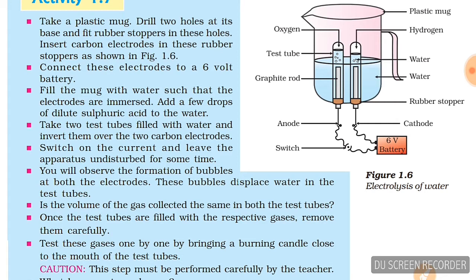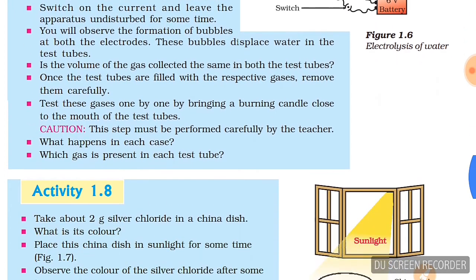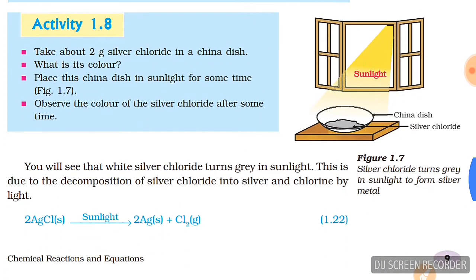So that is why the bubble formation in one test tube is just double to that of the other test tube. समझ में आया ऐसा क्यों है? ऐसा इसलिए है क्योंकि एक टेस्ट ट्यूब में हाइड्रोजन फॉर्म हो रहा है, जिसमें जस्ट डबल एटम है एज कम्पेयर टू दैट ऑफ ऑक्सीजन. इसलिए एक टेस्ट ट्यूब में जस्ट डबल बबल्स हैं एज कम्पेयर टू द अदर test tube.